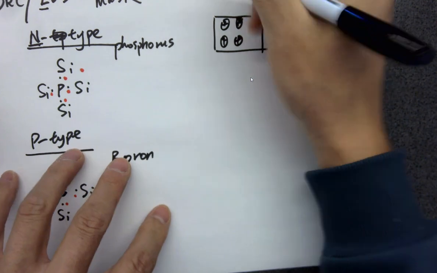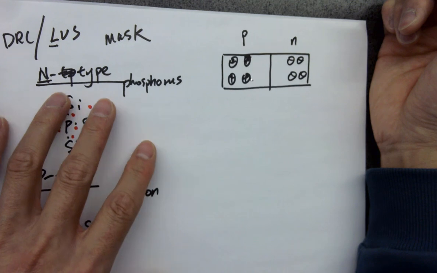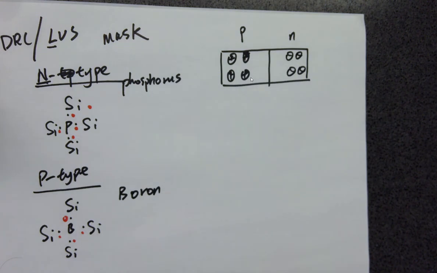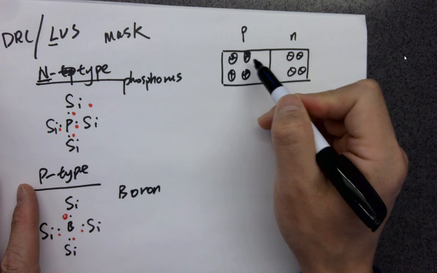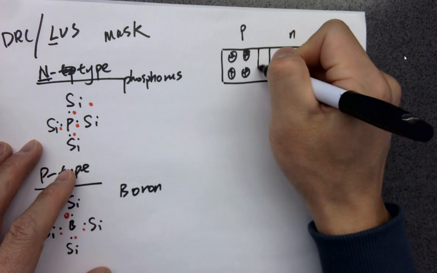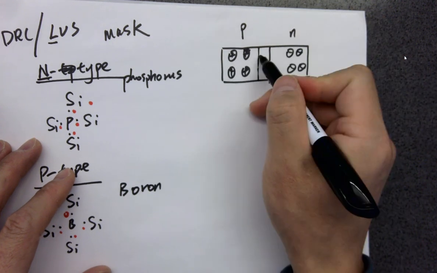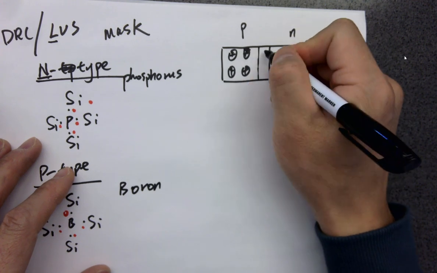If you put them together to form a p-n junction, what's going to happen, because there's a concentration gradient, is a migration of these free electrons and free holes moving toward each other. So eventually, this one comes here and combines with all these holes.